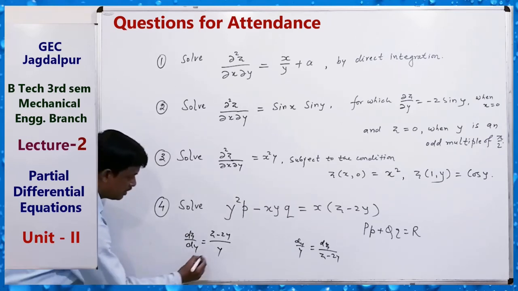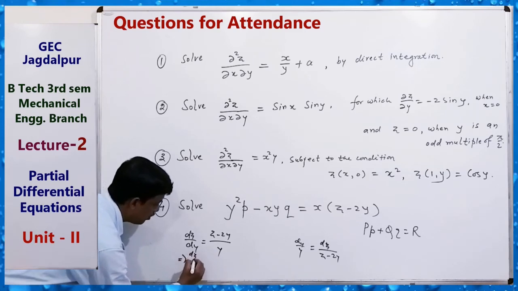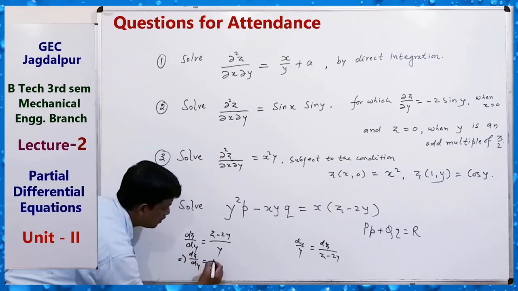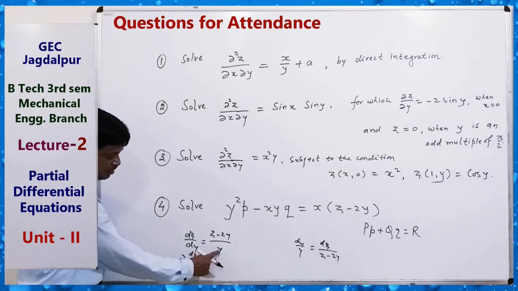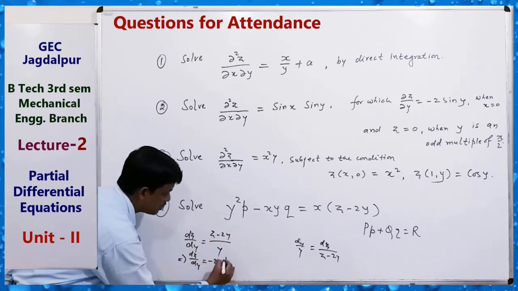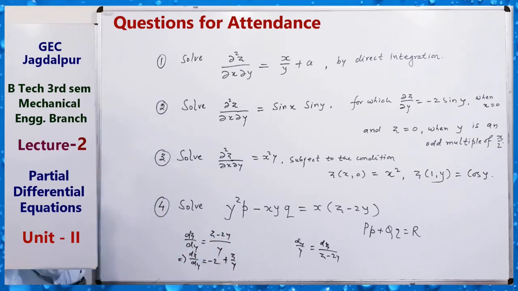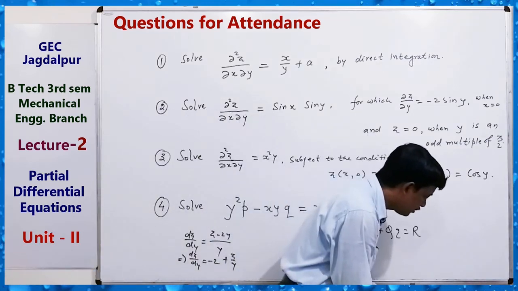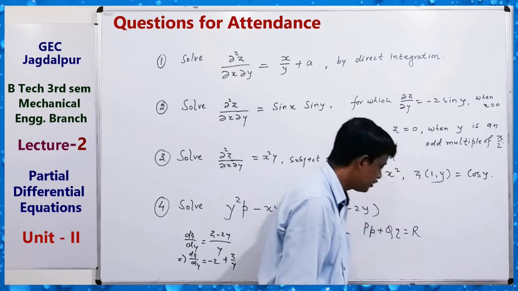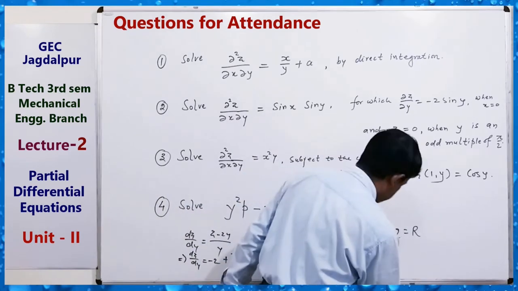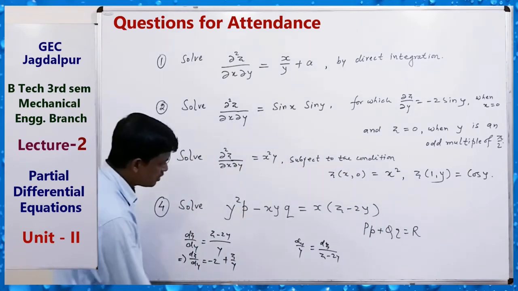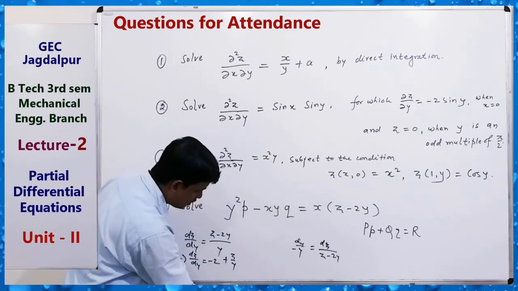Now we see that dz upon dy equals, here the y cancels, minus 2 plus z by y. Here there is a minus sign, no?